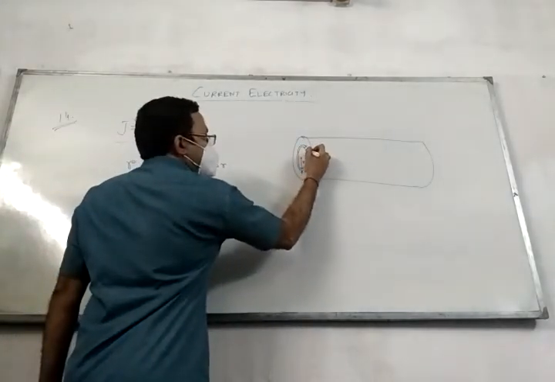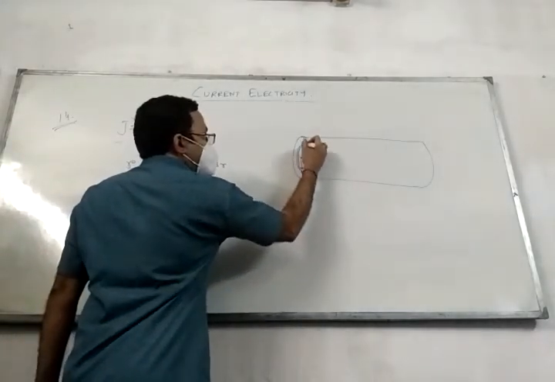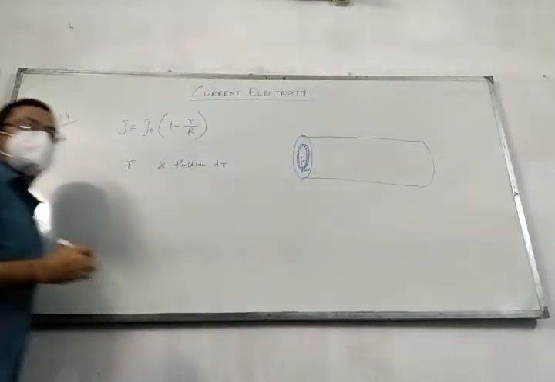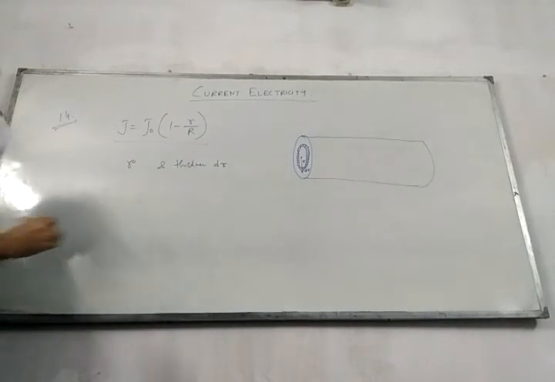Then can you tell me what is the area of cross section of this circular ring? By this time you have done this a lot of times.